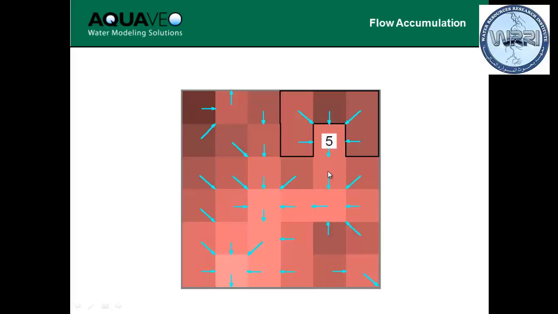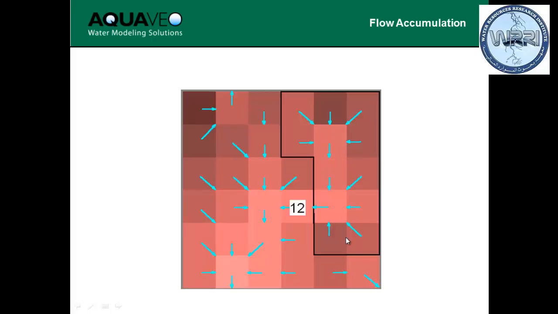This one right here, 5 plus this one, so 6. How about this next one? 5, 6, and then I got this one, 7, 8, 9, 10, maybe 10, 12, I guess.